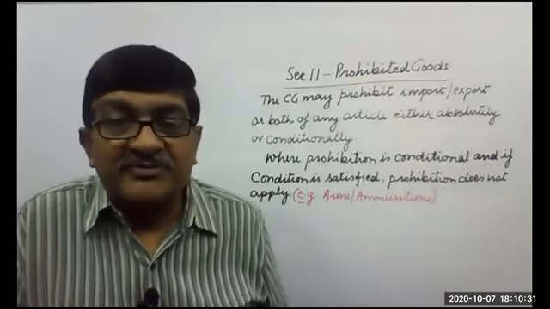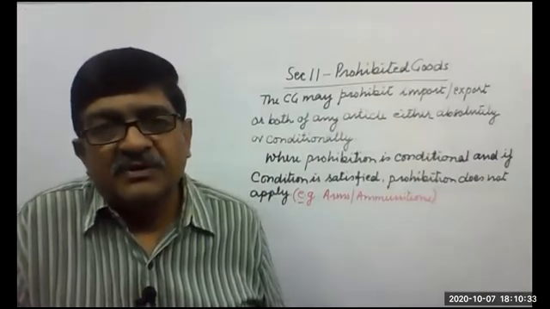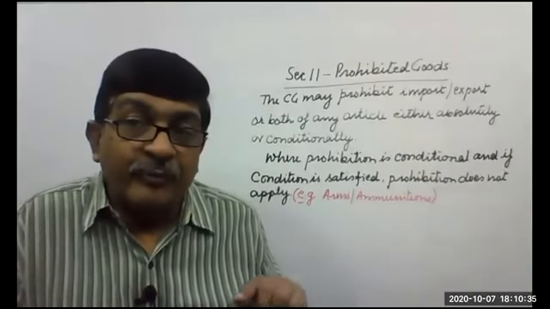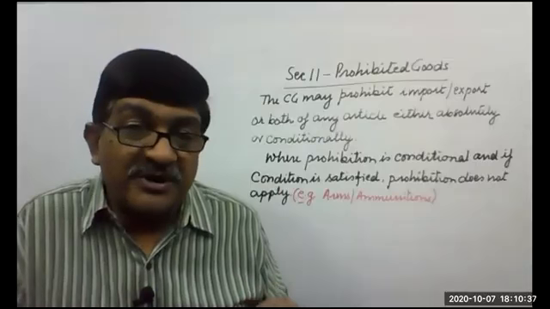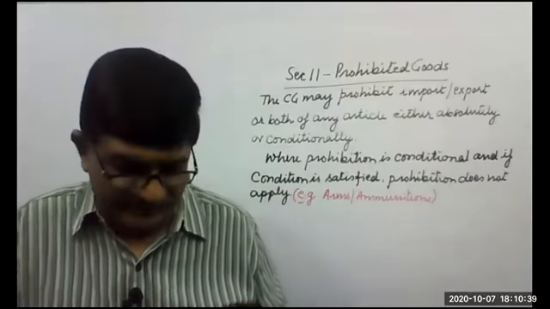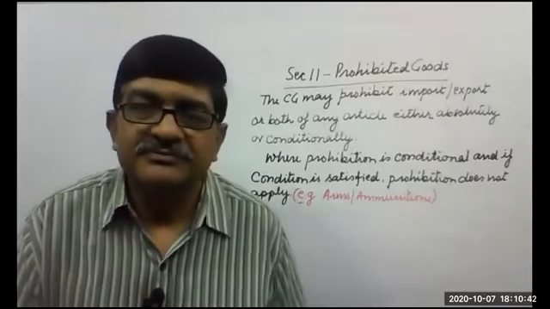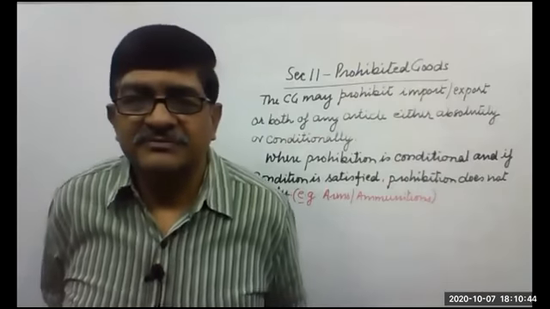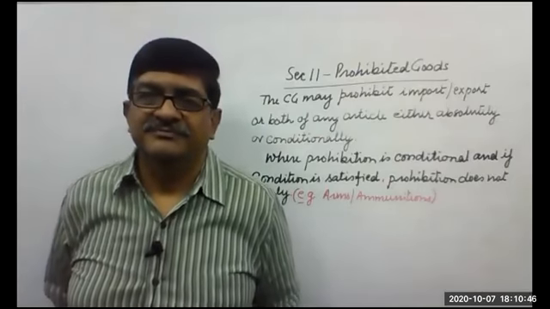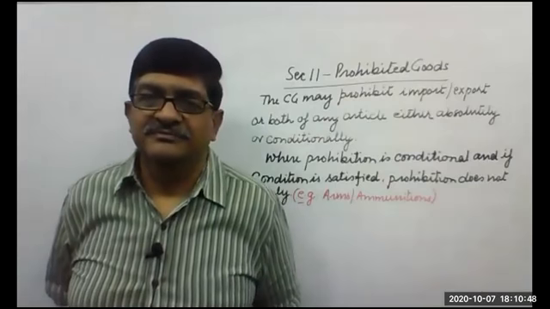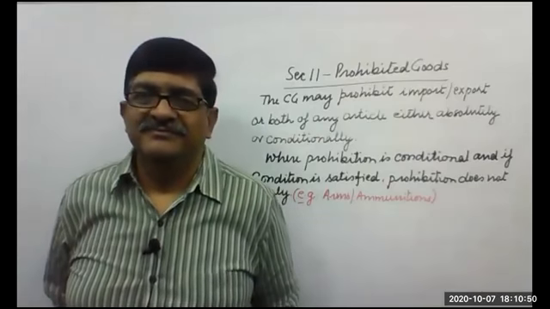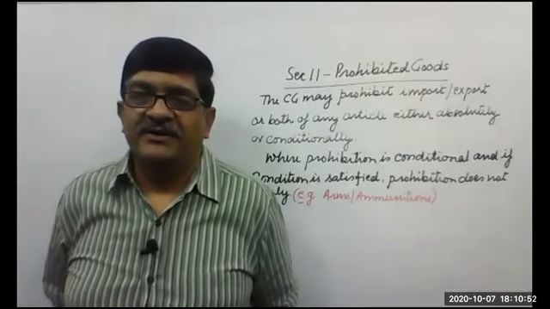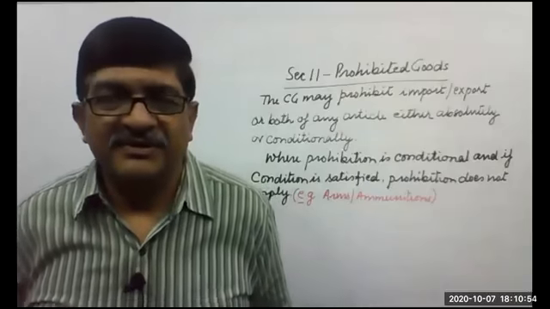I've given, for example, arms and ammunition. Whether import of arms and ammunition is prohibited or not? Prohibited. Yes, sir. Prohibited. Maybe they have a license, then probably they are allowed.